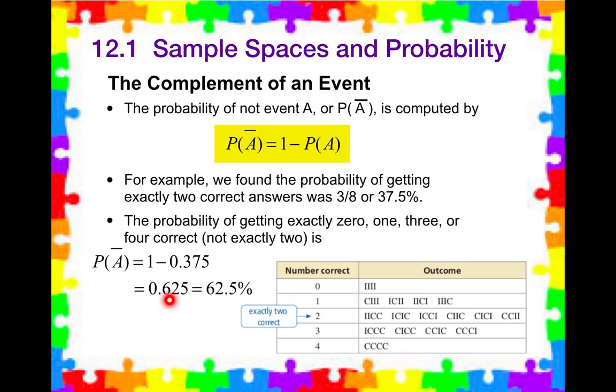So that equals 0.625, or 62.5%. So you have a 62.5% chance of getting 0, 1, 3, or 4 correct, but not 2.